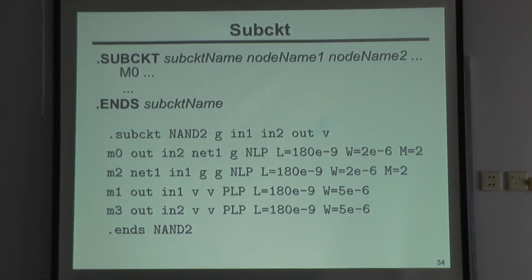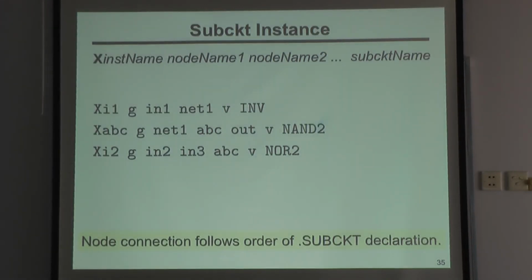We also have a subcircuit declaration, so we can have a block as one unit. For example, this NAND subcircuit has 4 elements, and the NAND circuit has 5 elements.